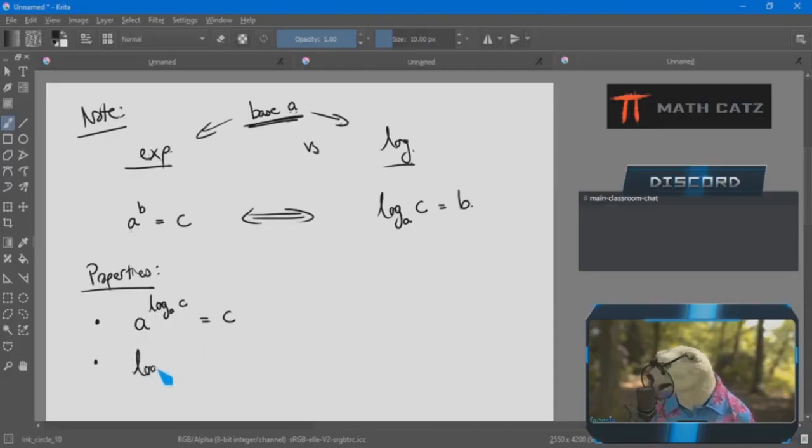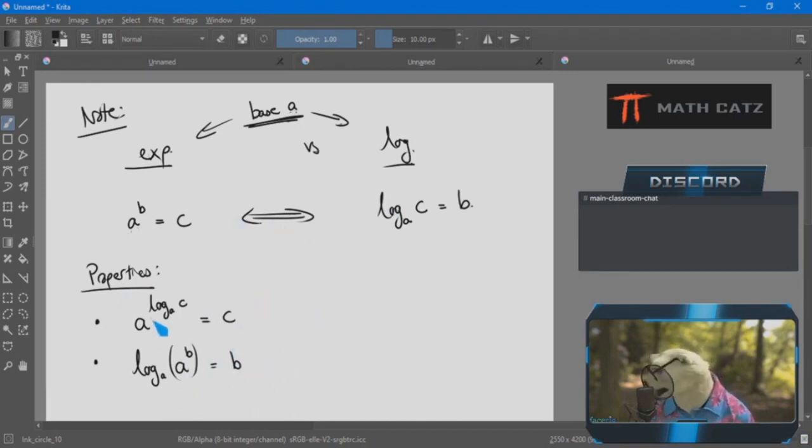And the other one, log base a of a to the b, is just b. Because inside the log, I have a number, an exponential calculation. What is the power of a that would get me a to the b? Obviously b, right? If you understand how these things are related, these are trivial.